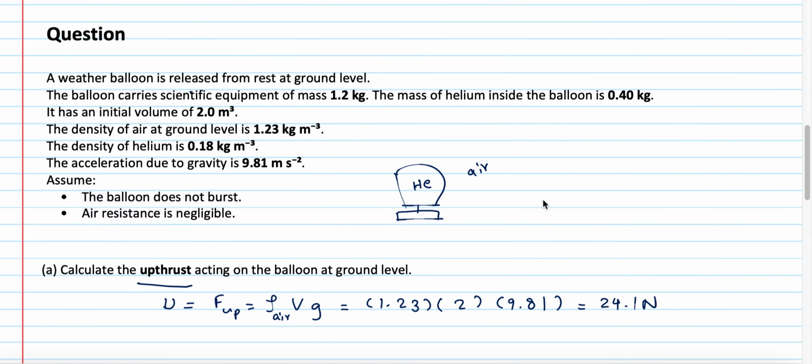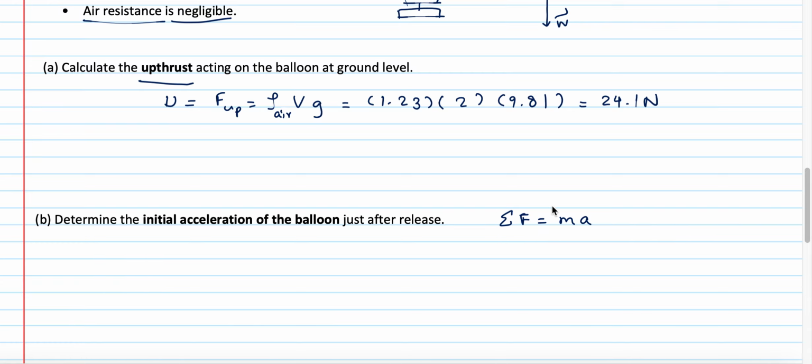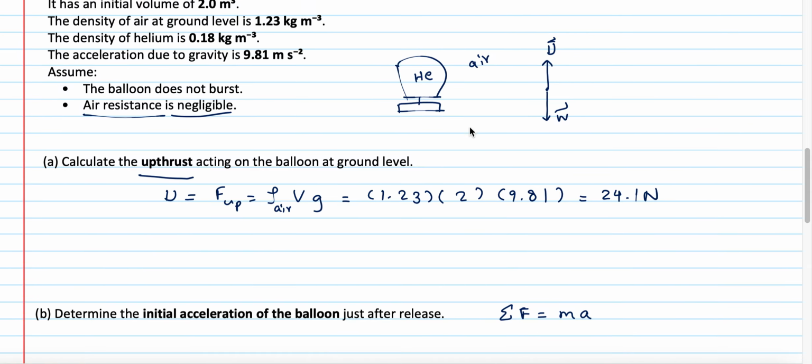So in our case, there's the upthrust acting on the balloon, and this balloon has weight, and we're ignoring air resistance. So only these two forces. So here, we need to know the quantity of these two forces. We have the upthrust, so we need to find the weight.